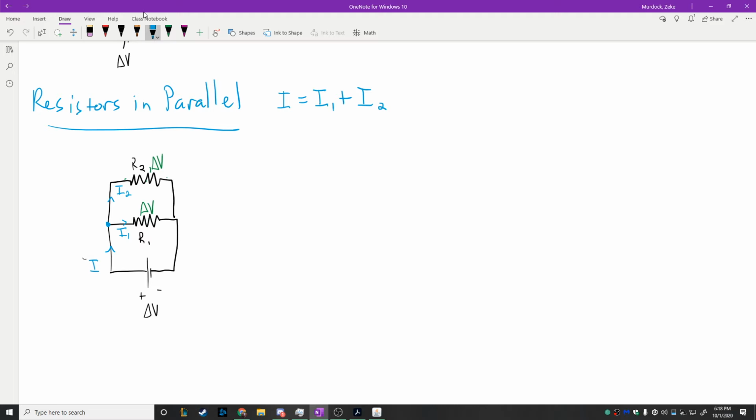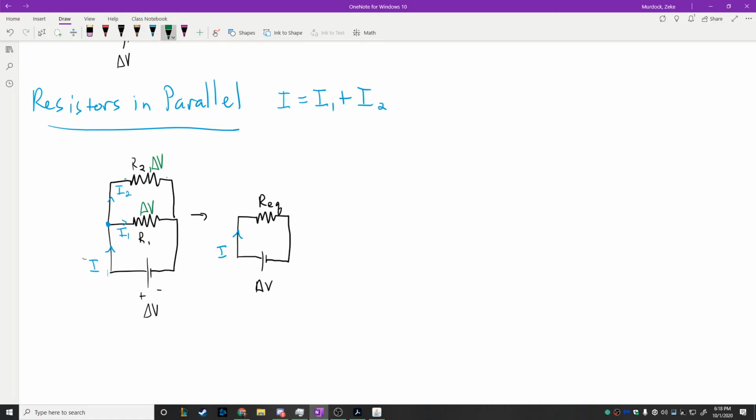And then what we do is we say, okay, well, our goal, as before, would be to take our picture right here and reduce it down to just an equivalent resistor, one resistor that had the same battery hooked up to it. So here's delta V, there's REQ, the equivalent resistance of those two, and again, the same current I flows here as flowed into these two.